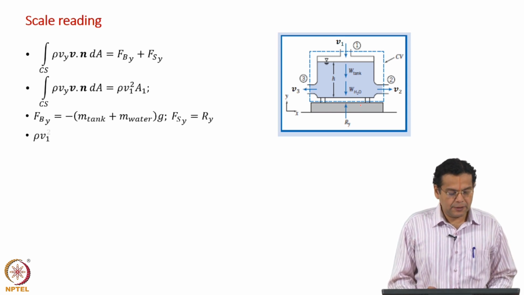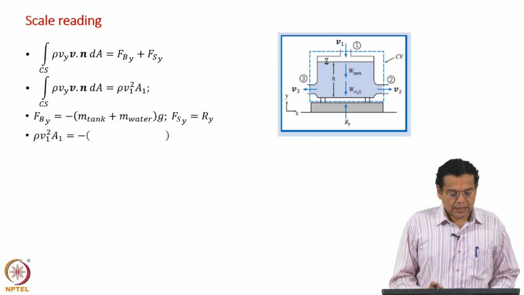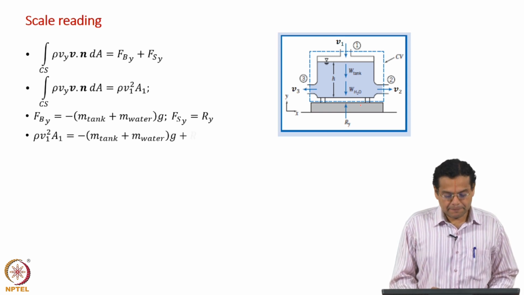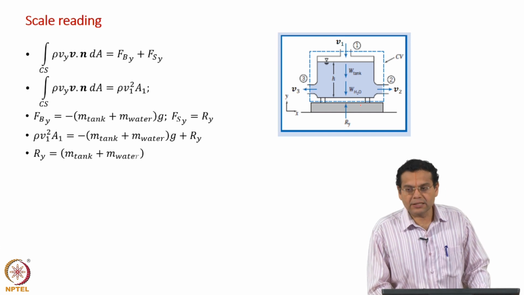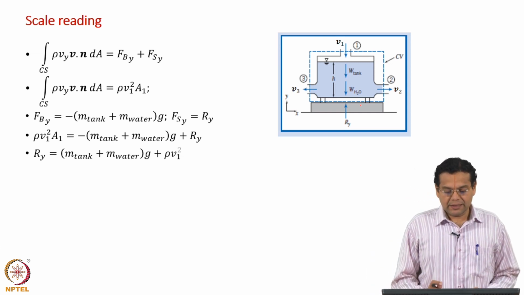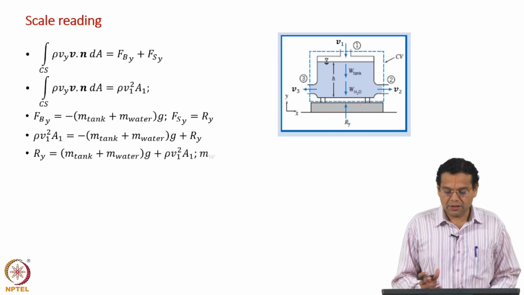So, let us substitute as usual with the convective momentum on the left hand side and the forces on the right hand side, and then rearrange for Ry. Ry is the force of the balance on the control volume, or the reading in terms of force of the balance.